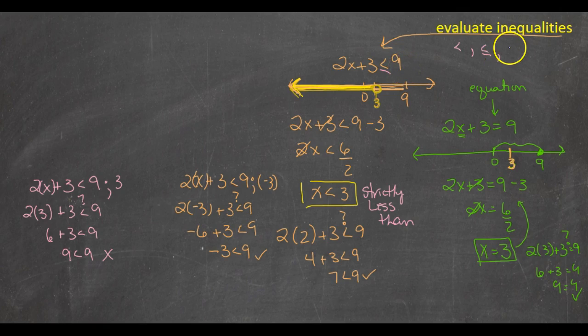And two other symbols that work: you could have greater than, again, strictly greater than, all the values that would make the left-hand side bigger than 9, and all the values that make the left-hand side bigger than 9 and also equal to 9 would be greater than or equal to.